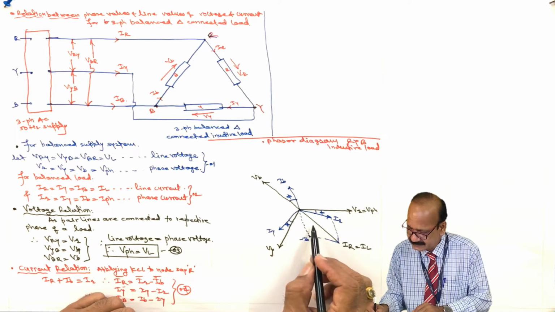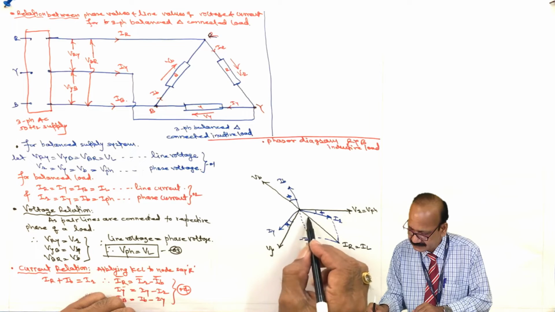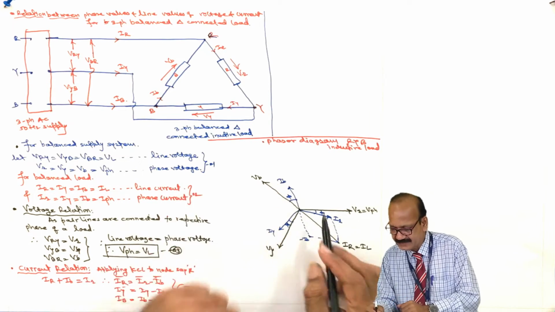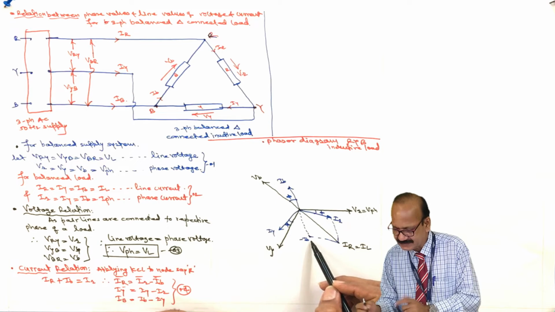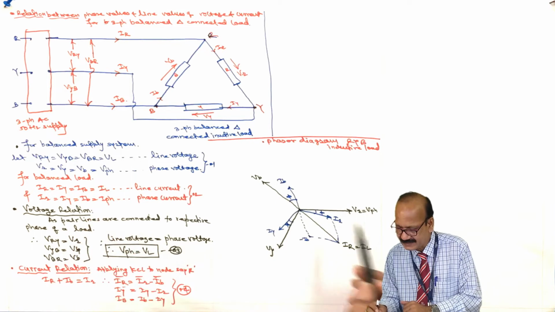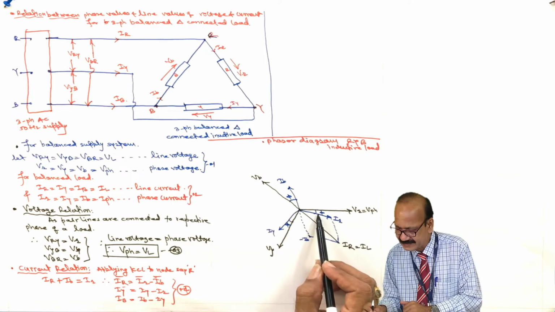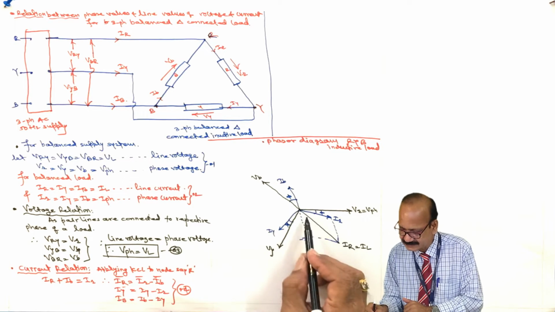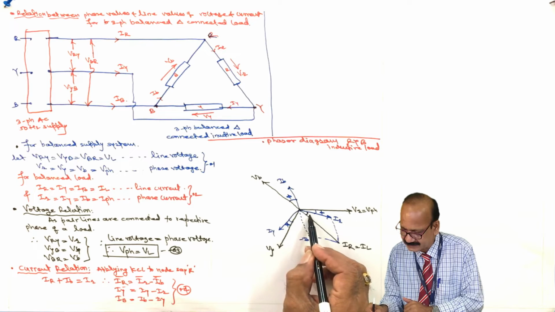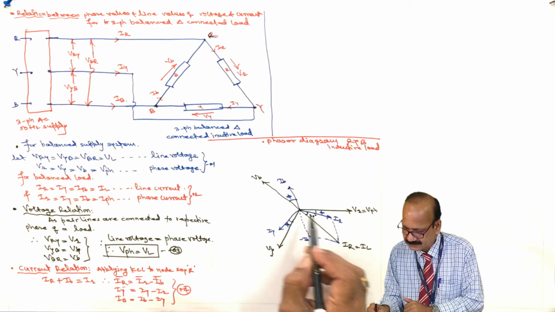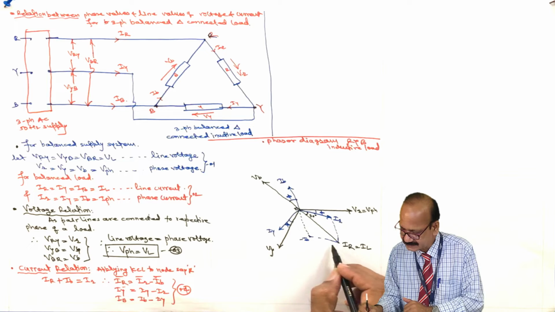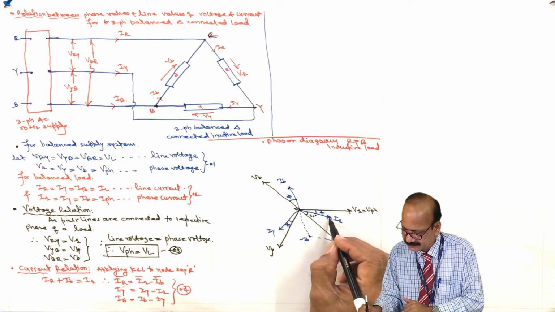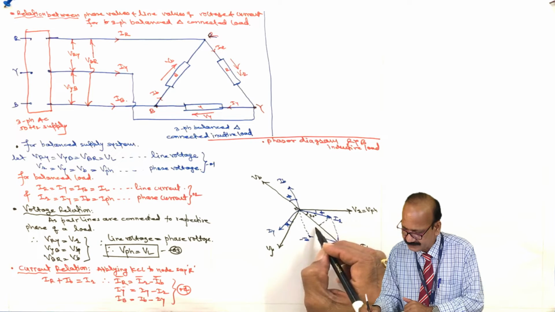And note that the angle between IB and minus IB is 180 degree. Out of that, the angle between IB and IR is 120, so the remainder is 60 degree, so this is 30 degree. This is O, say this is A, this is B, and this is C. Here it is 90.